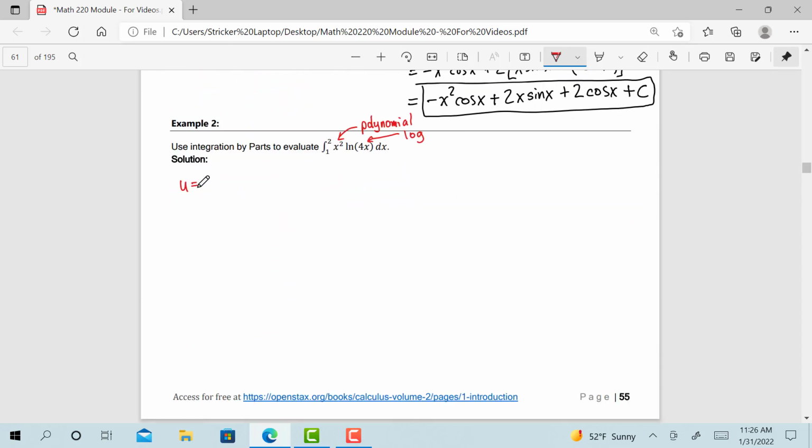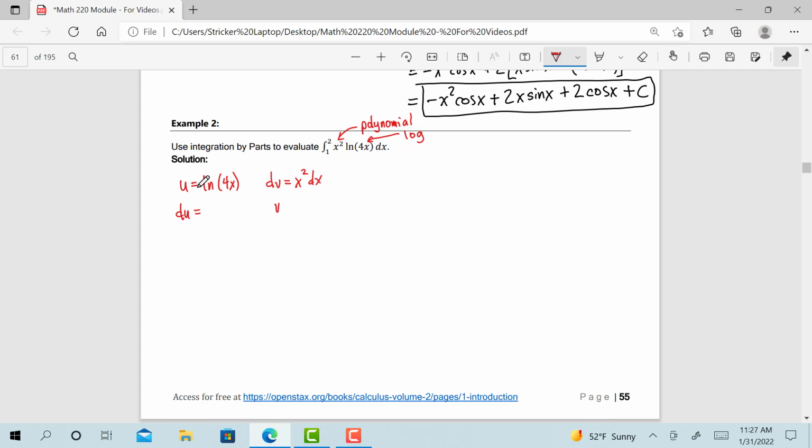So if we let u equal the natural log of 4x, and that leaves dv as being x squared dx, then what would du be equal to, and what would v be equal to? I'm going to let you go ahead and do that on your own.